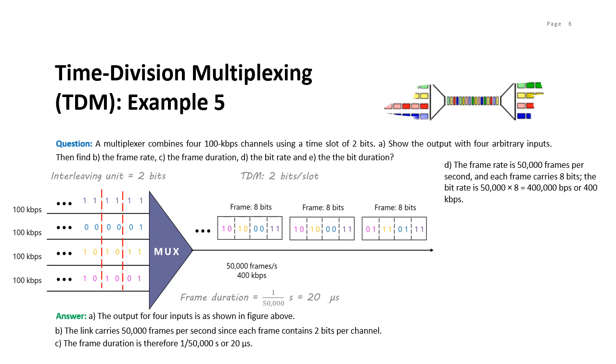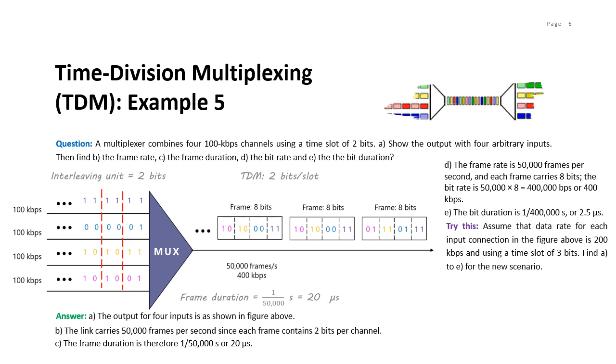So the bit rate is 50,000 times 8, and you'll get 400,000 bits per second, or 400 kilobits per second. For E, the bit duration is 1 over 400,000 second, or 2.5 microseconds. Note that the frame duration is 8 times the bit duration because each frame is carrying 8 bits.